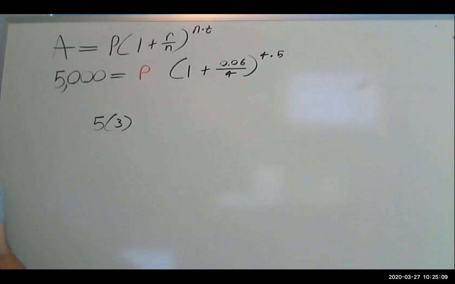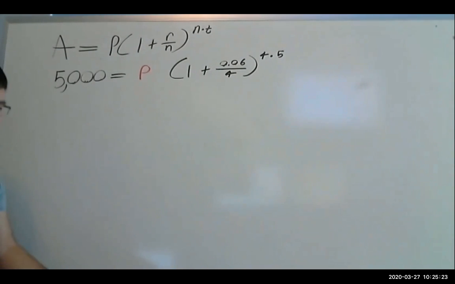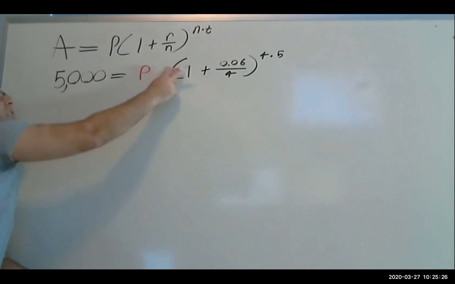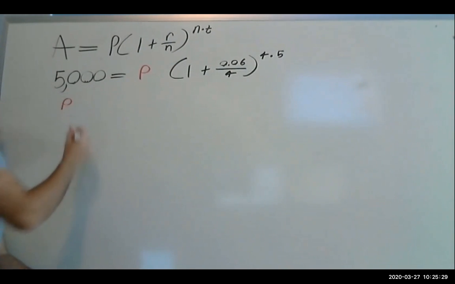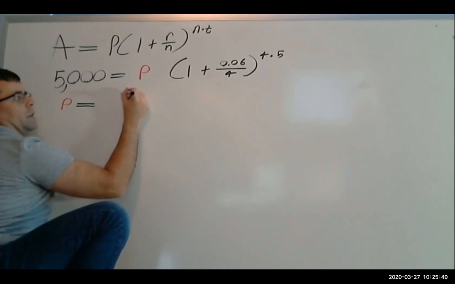What does that equal? 15. So what do we assume we're doing right here? Multiplying. Yeah. So in order to solve for P, we have to get this thing on the other side. So how do you get it on the other side? Multiply, or divide. Divide, exactly.